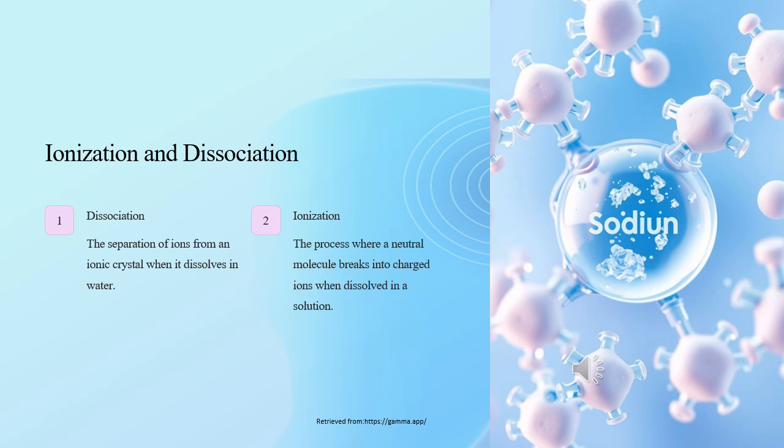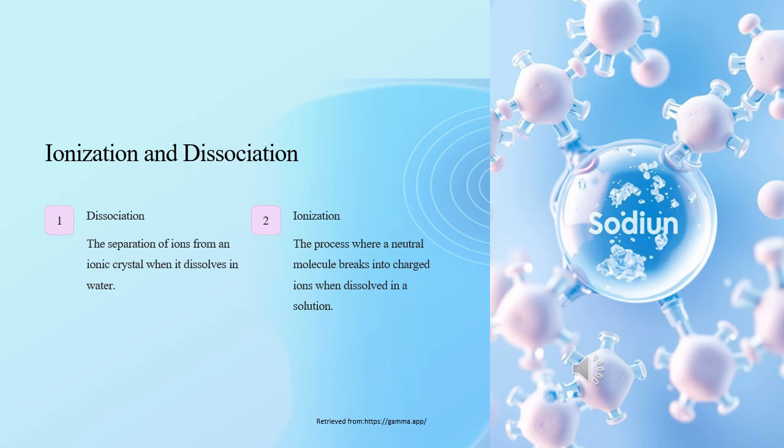Ionization and dissociation. Dissociation, what is it? When an ionic compound separates into its already existing ions upon dissolving in water. For example, sodium chloride dissolves in water and splits into ions. Ionization is when a neutral molecule gains or loses electrons to form ions.